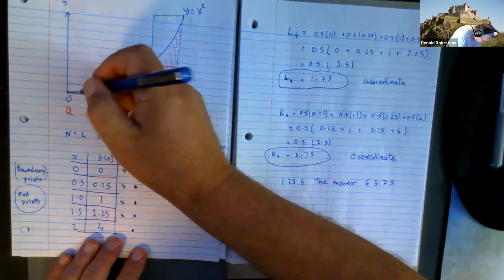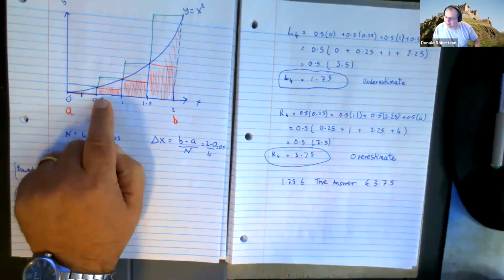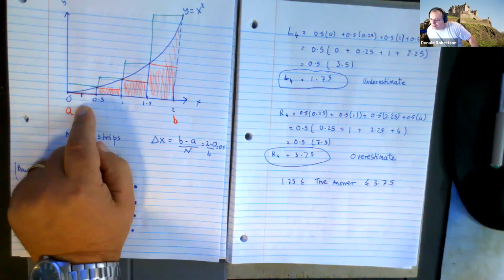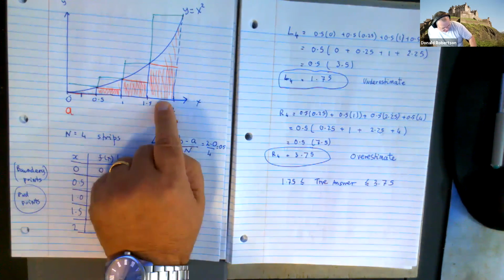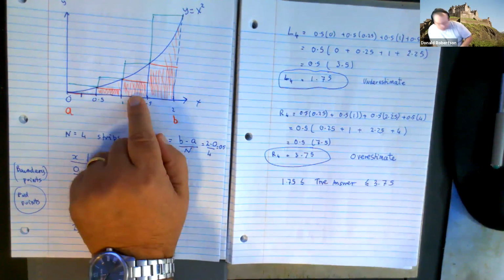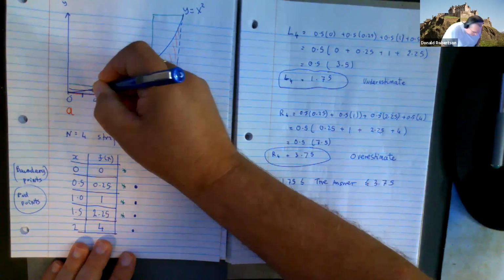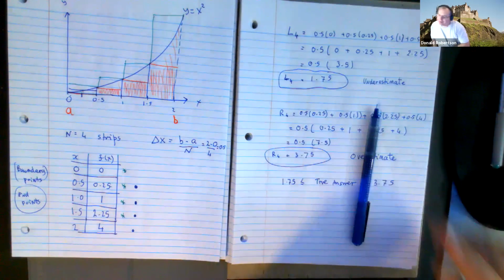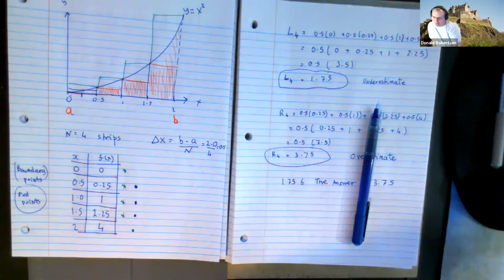I'm going to use not the 0, not the 0.5, but the middle, the midpoint. I'm going to use the height of the rectangle at 0.25 and at 1.75 and at 1.25. Can you see that if I did that rectangle, wouldn't it be a bit of A and a bit of B? Wouldn't there be one piece of it below and the other piece above? So that would probably be a better estimate, wouldn't it?